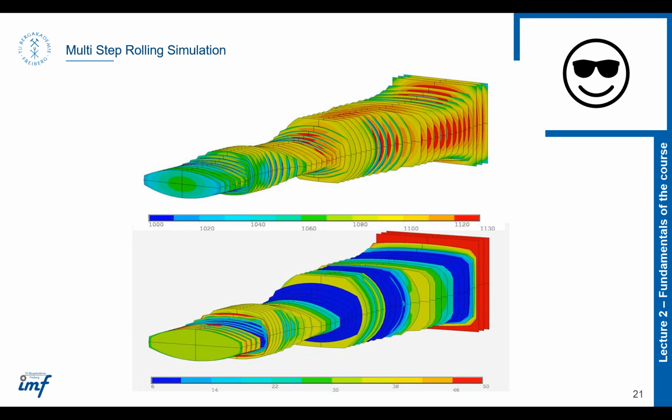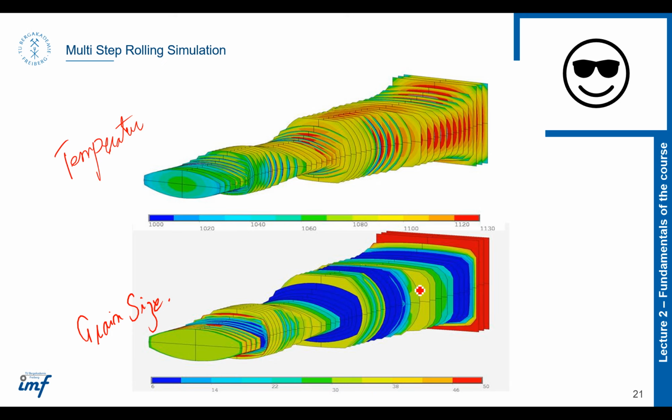And then, for example, here we can see the temperature, and this is the grain size graph, where we see that the grain size is quite large before rolling, and after rolling the grain size is reduced to quite small.